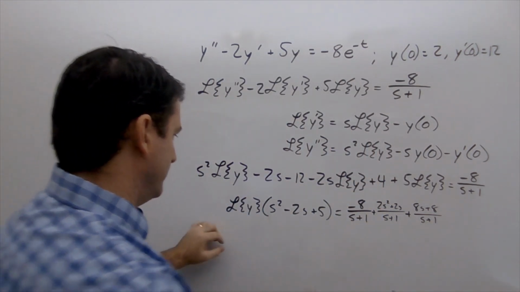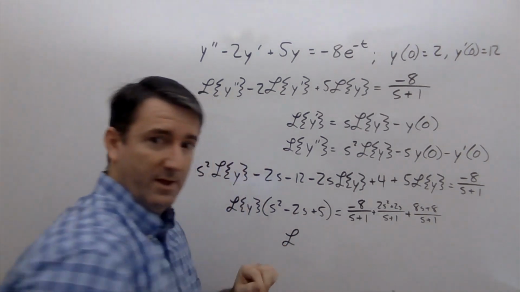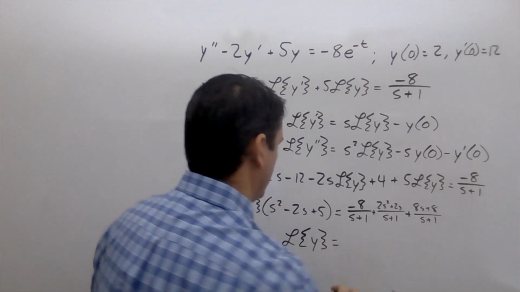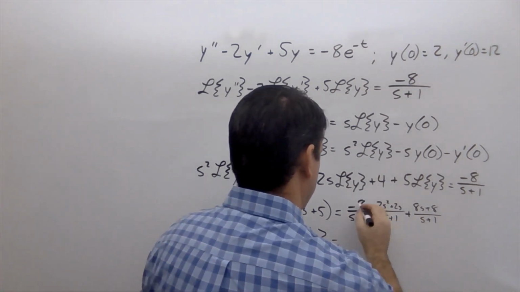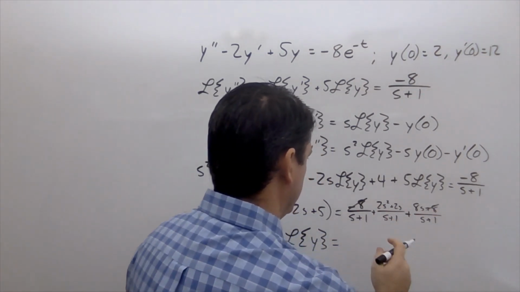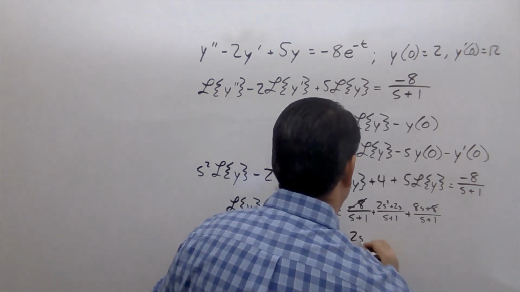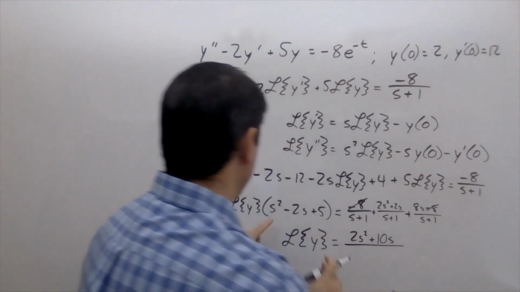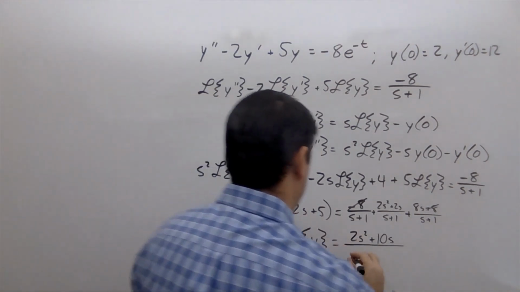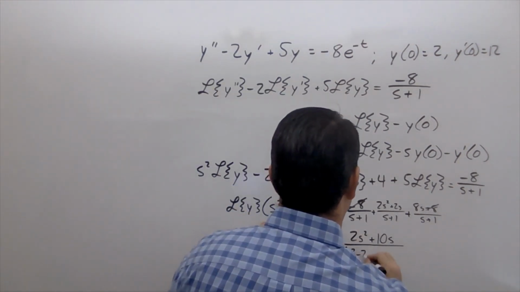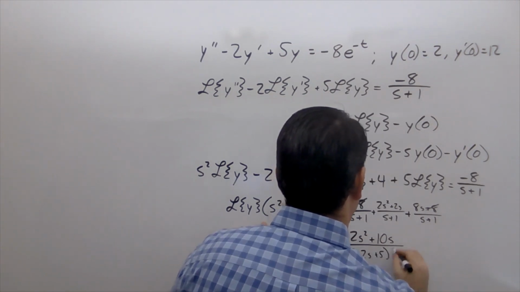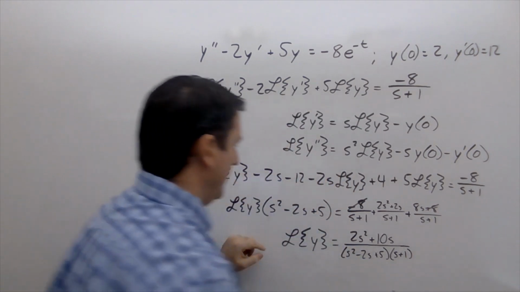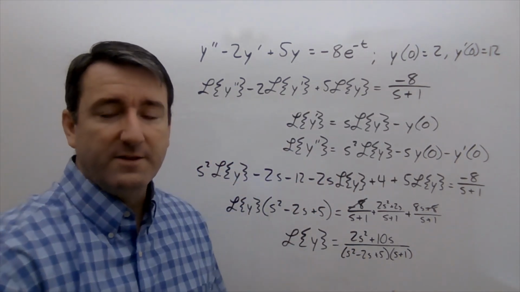All right, so the Laplace transform of y is equal to, let's see, combining those, the 8s will go away. It's going to be 2s squared plus 10s over, let's put this on the bottom here, s squared minus 2s plus 5 times s plus 1. So there we found our Laplace transform.